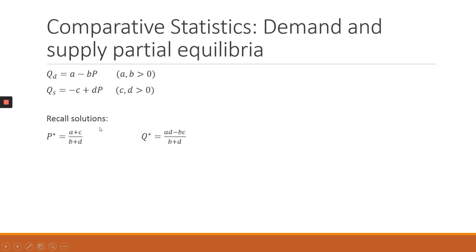And if you recall the solutions, we found out that your P star is going to be A plus C over B plus D, and your Q star will be AD minus BC over B plus D. So we can do the comparative statics on these two solutions where we can calculate the effect of a change in C on your P star or your change in D on your P star.